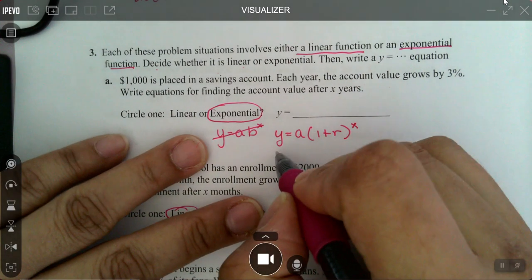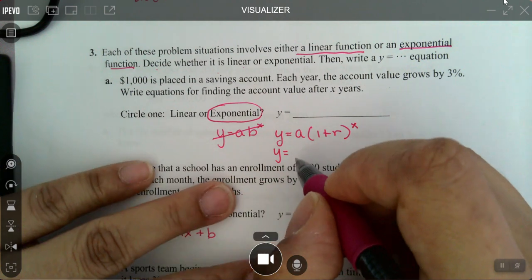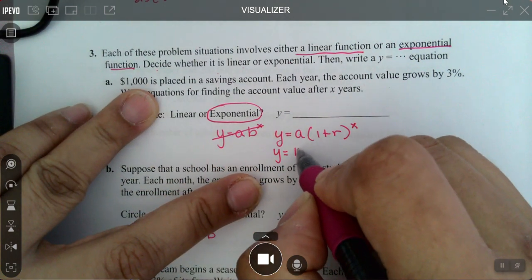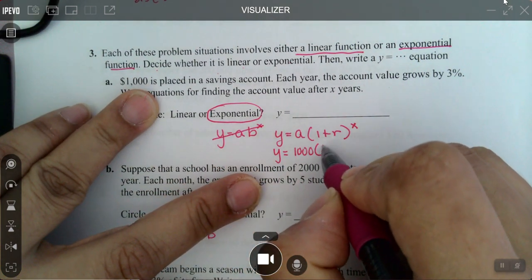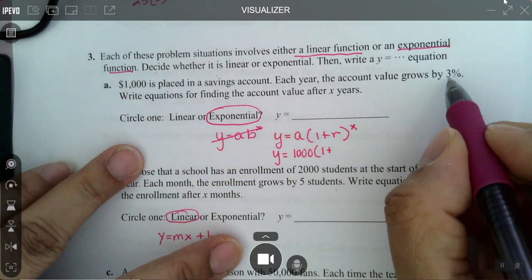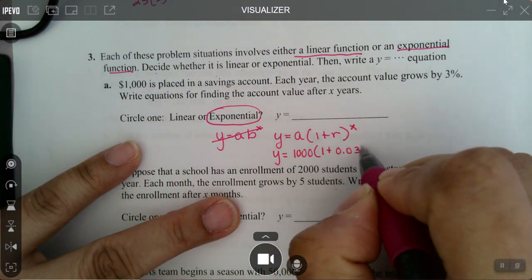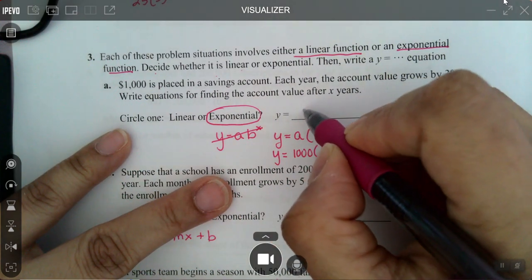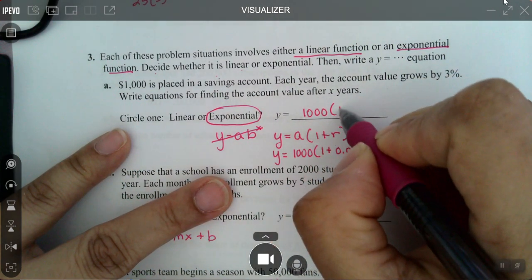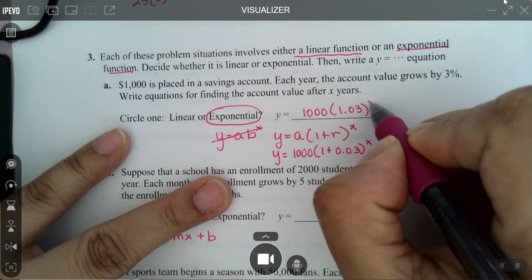All right, I'm not going to go that slow because we have a lot of material to make sure that we get to. So this is 1,000 times 1 plus, what is 3% as a decimal? Beautiful. Raised to the x. So it's going to be y equals 1,000 times 1.03 raised to the x.